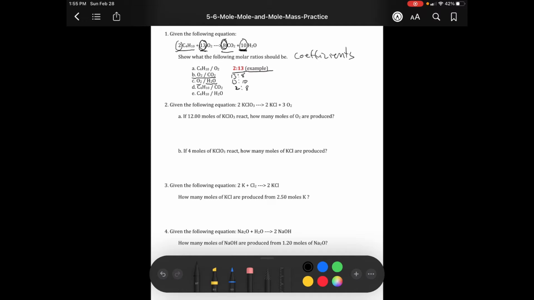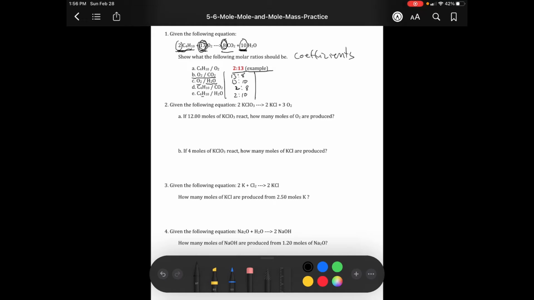So C4H10 as compared to H2O is going to be 2 to 10. And again, you would be able to simplify if this 13 wasn't here. You could simplify even between these specifically, but then that would make your equation unbalanced. So those are the molar ratios, and these are very simple for us.